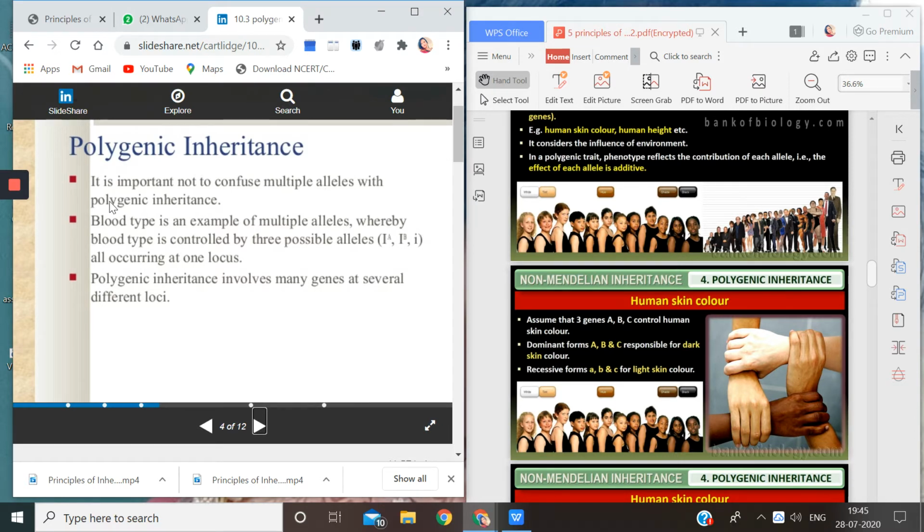You have to be very clear between these two topics. Multiple alleles and polygenic inheritance are two different topics.